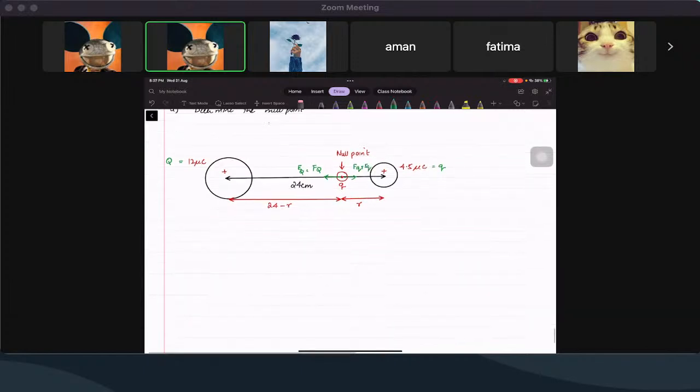You can keep either force or electric field strength, doesn't matter, so you write E1 equals E2. Now electric field strength formula is kQ over R1 square, and here we're going to write kQ over R2 square. Is it clear?